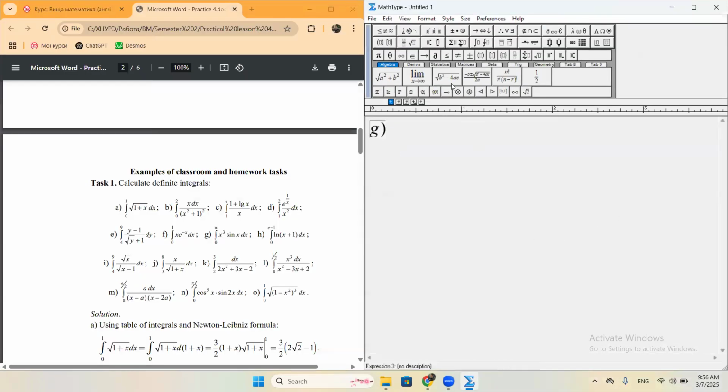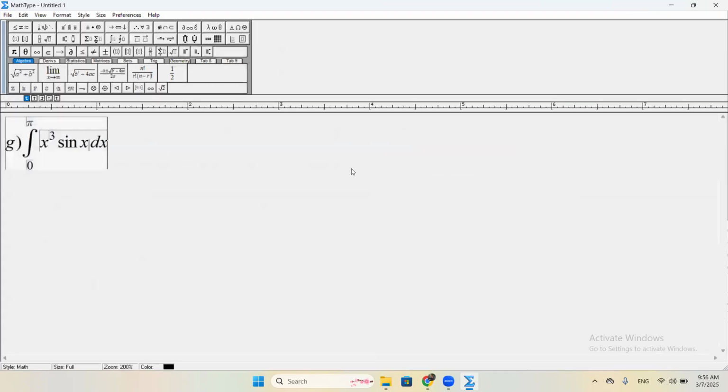We have the following integral from 0 to pi of x cubed sine of x dx. Again, this integral is taken by parts as well, and according to the power of 3 for x, we will have to apply this formula 3 times.